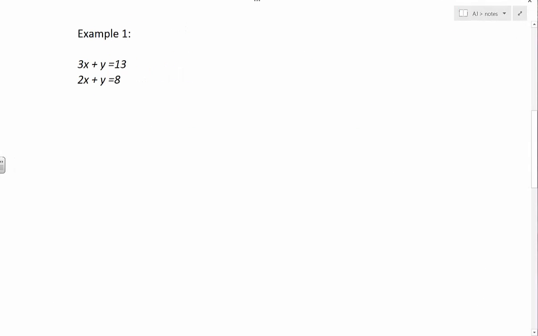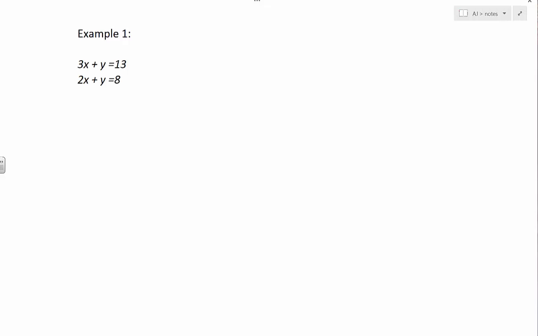So let's look at this first example. 3x plus y equals 13 and 2x plus y equals 8. Actually, you may realize this is quite easy to solve directly by elimination, but we'll use it to explain the method anyway. What we need to do is to try to express one variable in terms of the other from one of the equations.